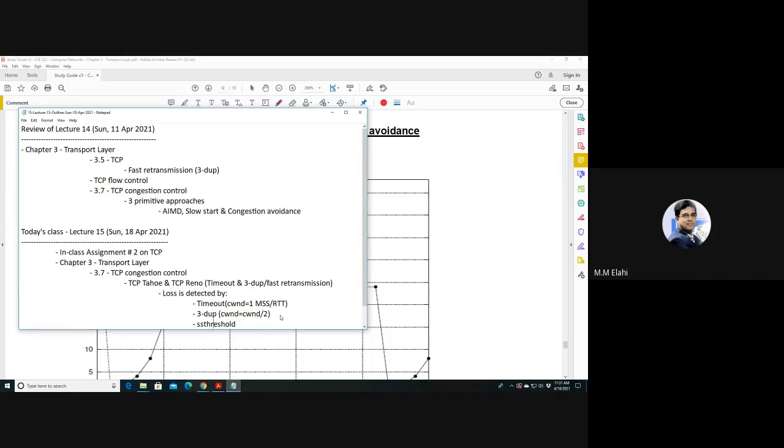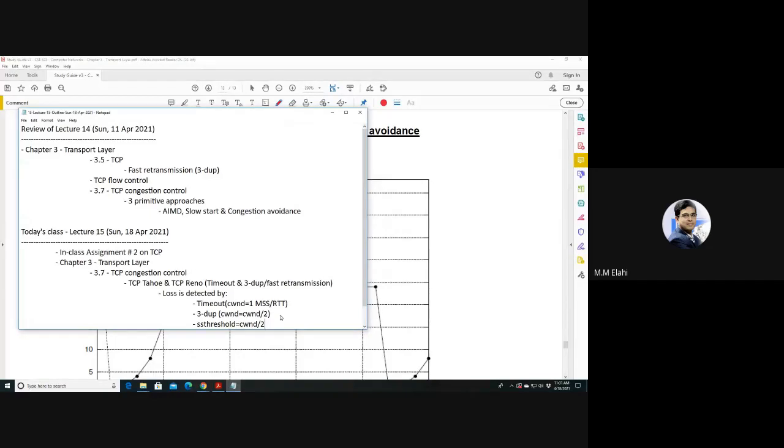We actually changed the slow start to include a threshold value, so that it will not keep increasing exponentially after the threshold value. So whenever a loss is detected, SS threshold will be C window by 2. Doesn't matter whether it is timeout or three duplicate.